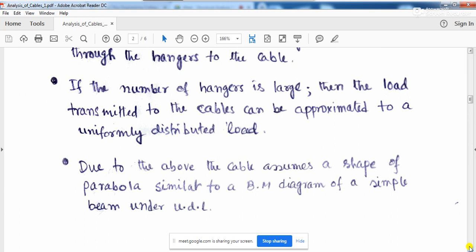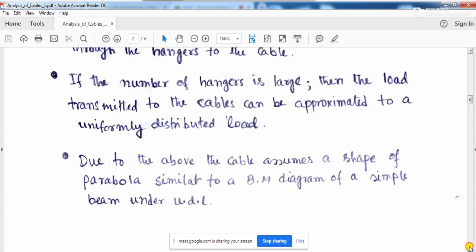So if the cable supports the UDL only through tension, its shape needs to be a parabola. It takes the shape of a parabola because the hangers are closely spaced and transmit the load from the bridge deck to the cable, which can be approximated as a UDL.